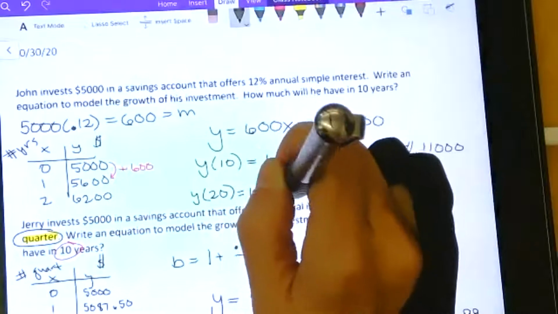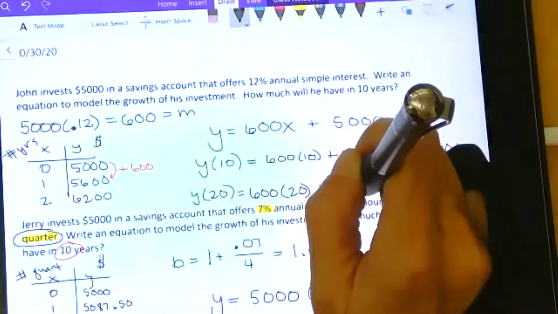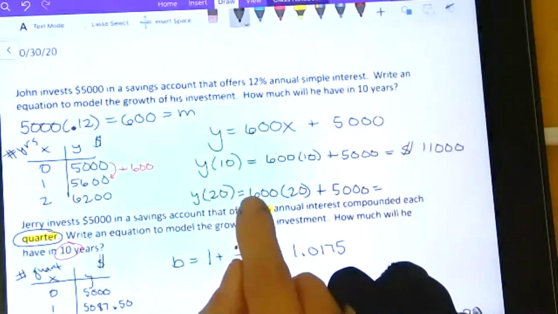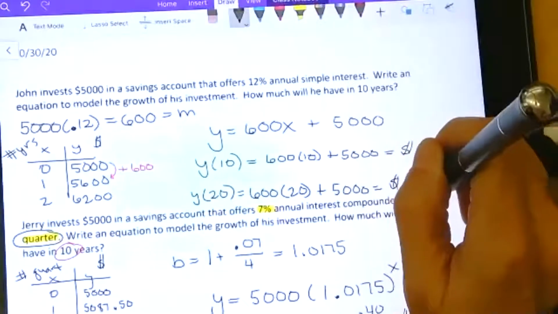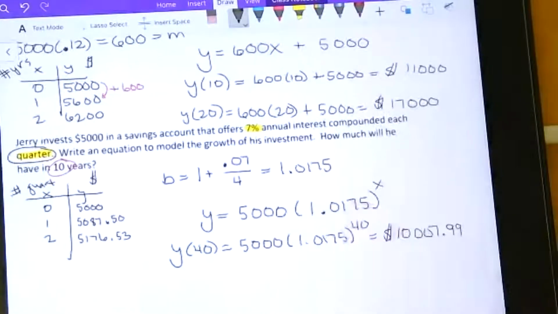600 times 20 plus 5,000. Okay, so in 20 years, he's going to get $12,000 here plus 5,000 is 17,000. So in 20 years, he now has 17,000.